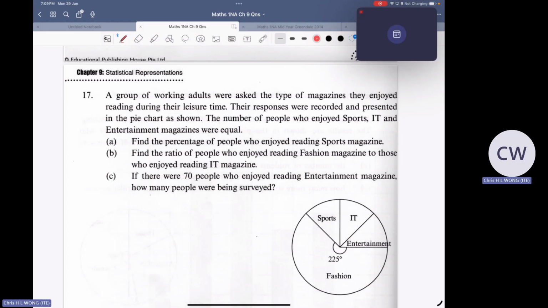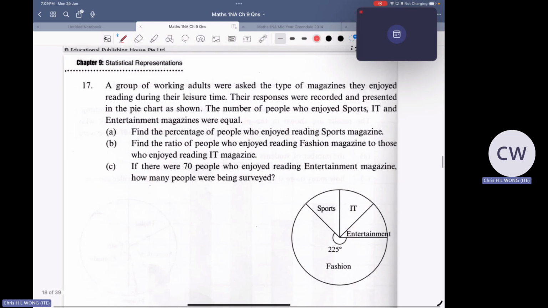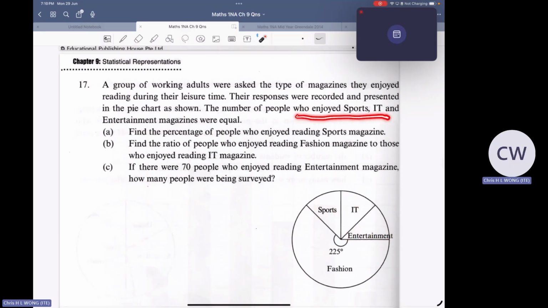Right, the number of people who enjoy sports and IT and entertainment are the same. They tell you that people who enjoy sports, entertainment, and IT magazines are equal. So the people who like to read sports, read IT, and read entertainment are the same.